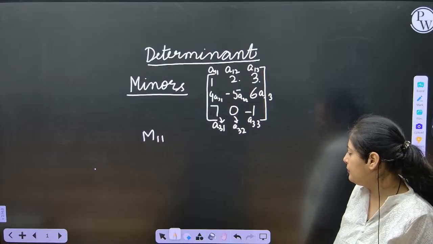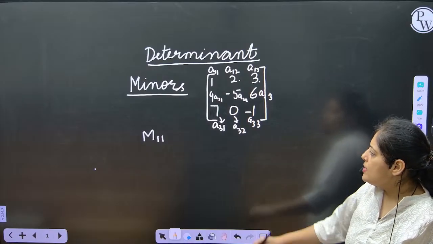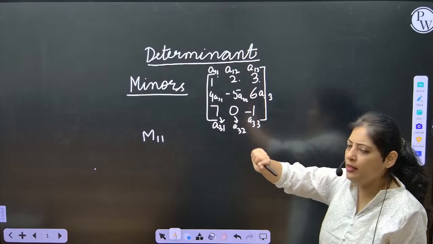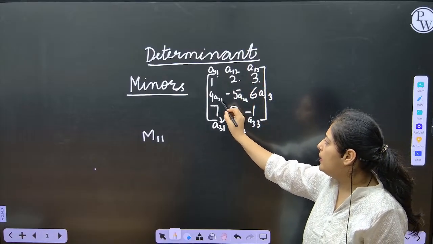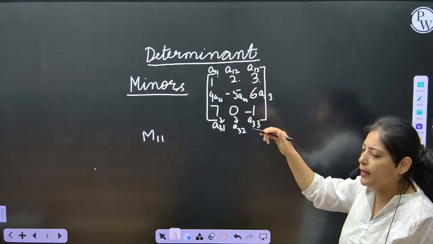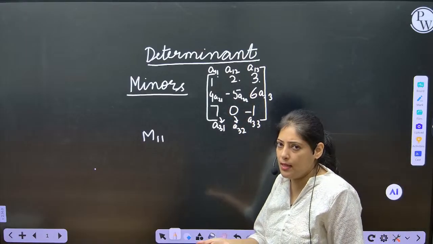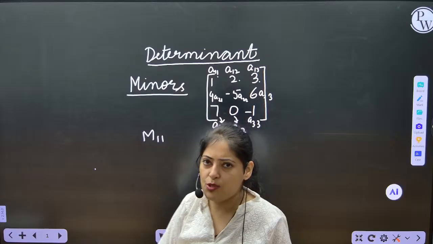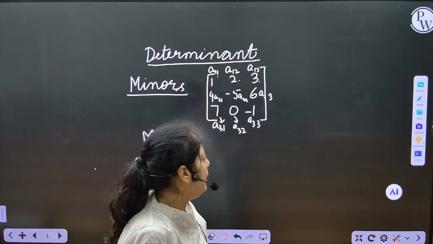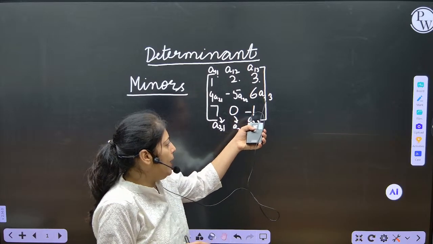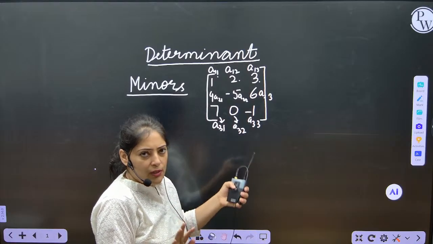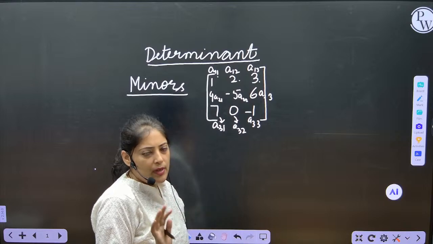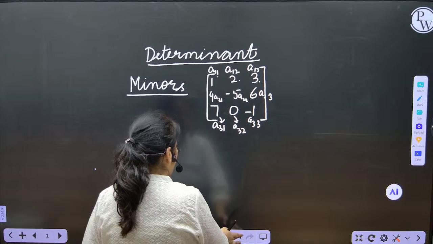So M11, M12, M13, M21, M22, M23, M31, M32, M33, because whatever the elements are there, its minor is also there. These things we have to find. How we have to find that I'll tell you.